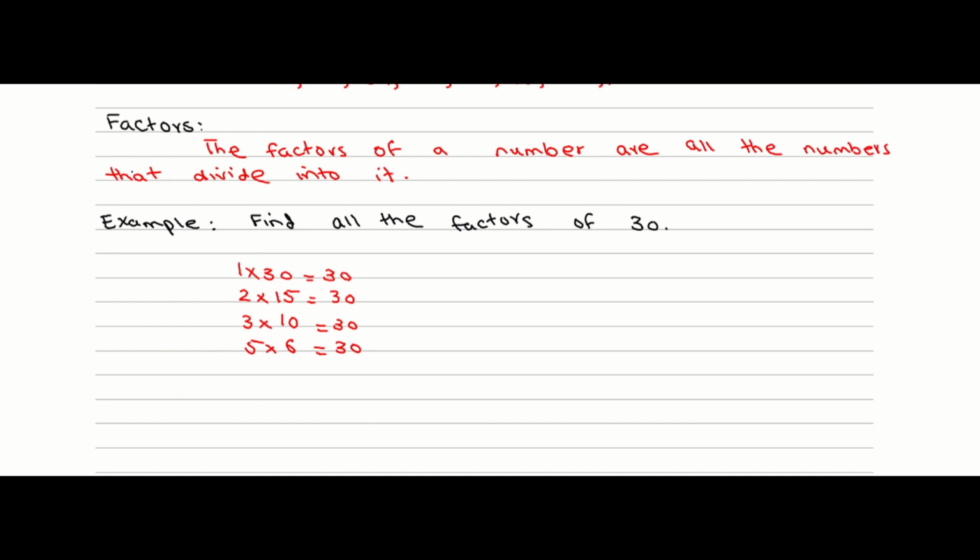The factors of 30 are 1, 2, 3, 5, 6, 10, 15, and 30. So these are all the factors of 30.